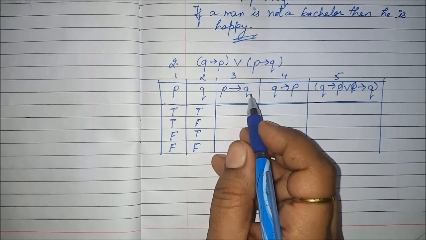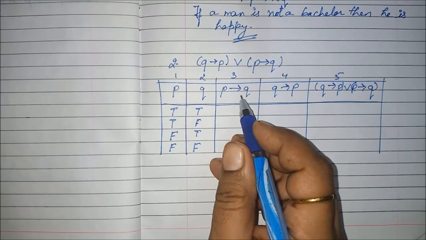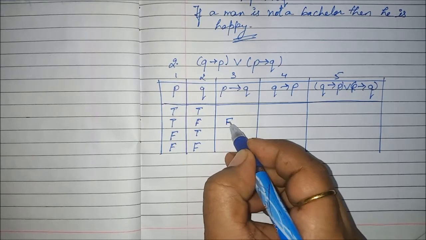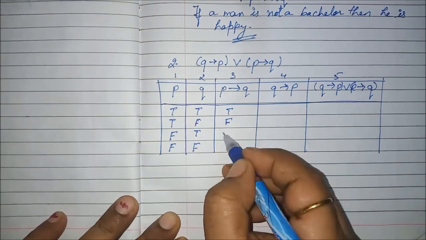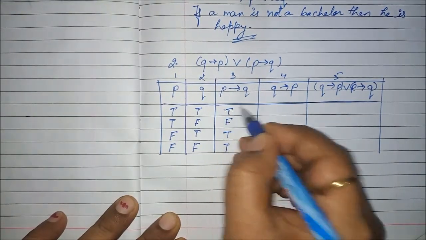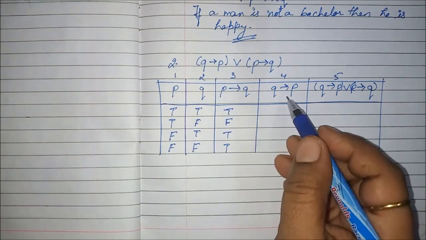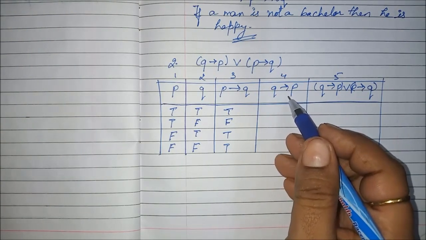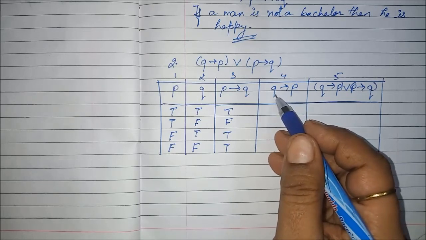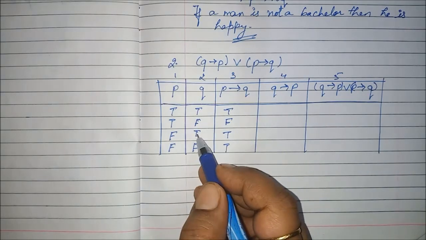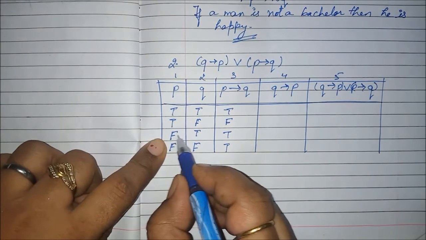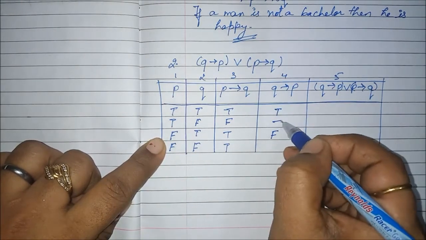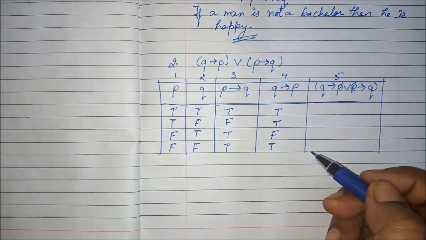Now P implies Q. P implies Q is false when P is true and Q is false. So in this case it is false. Rest all other cases are true. Now Q implies P. Q implies P is false in case Q is true and P is false. So this is false and rest all are true.